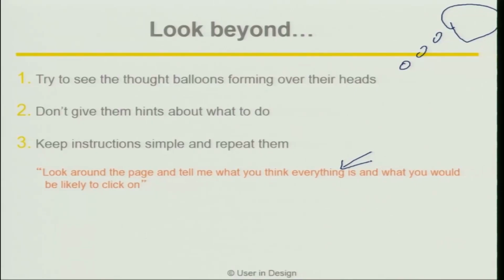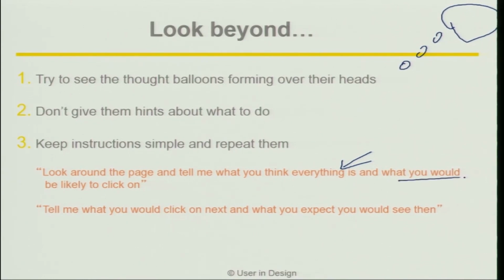Just look at it and tell me what you think all of these things are. And what you would be likely to click on, because if they don't understand, they start clicking. They will try this, try that. So what is it that you need to know? Tell me what you would click on next and what you expect you would see then.